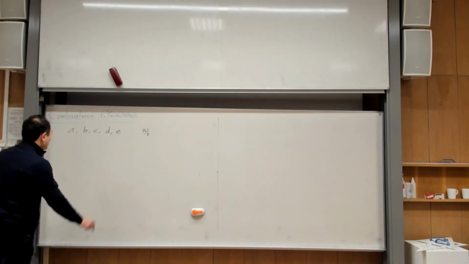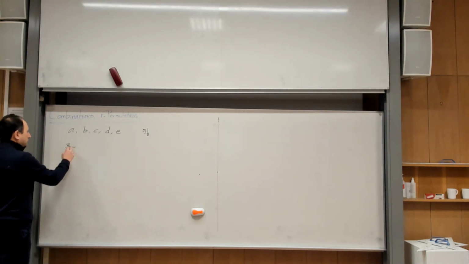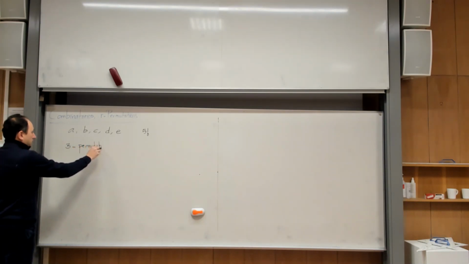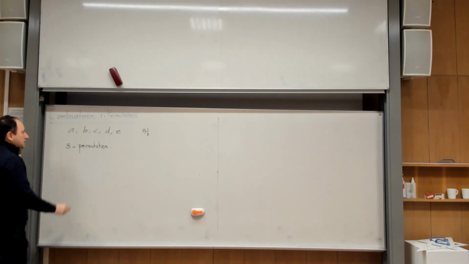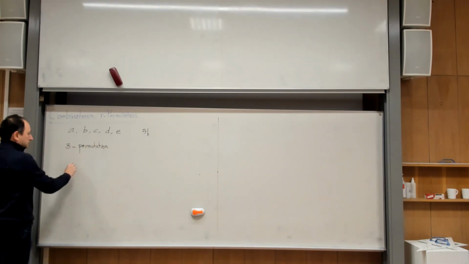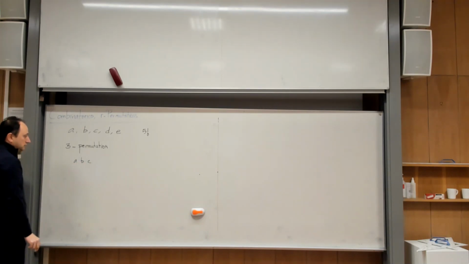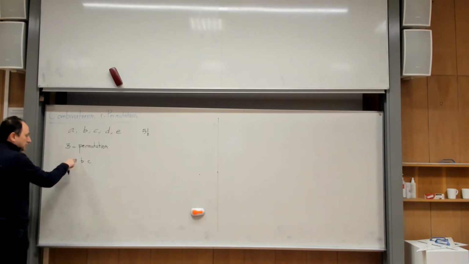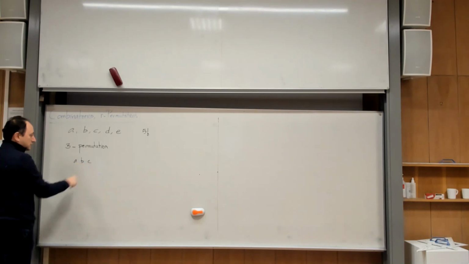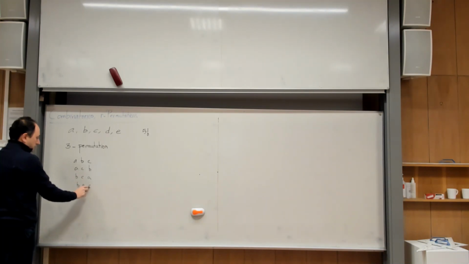So for example, what do I mean by a 3-permutation? It means that I choose 3 of them, A, B, and C, for example. I can arrange them in this way. But even if I don't change A, B, and C, I still have different arrangements, yes?